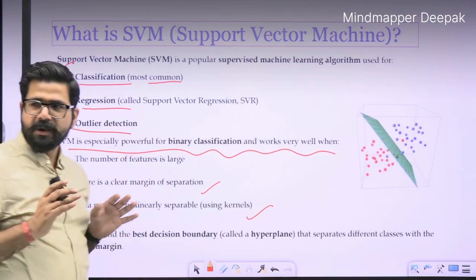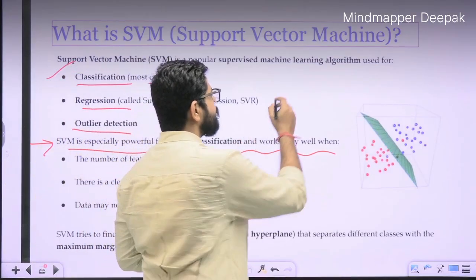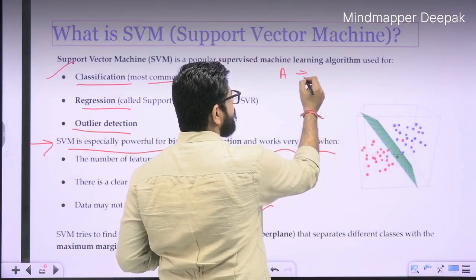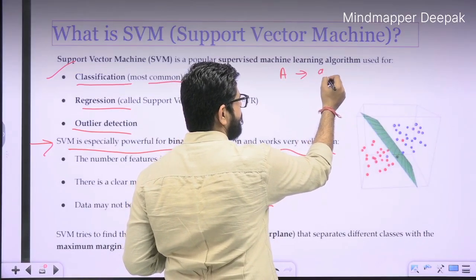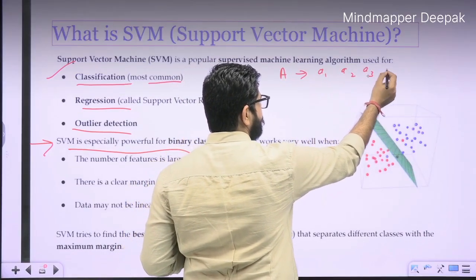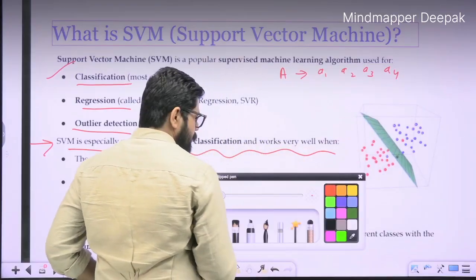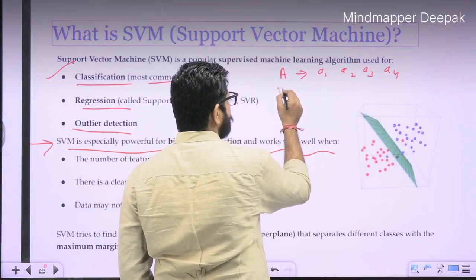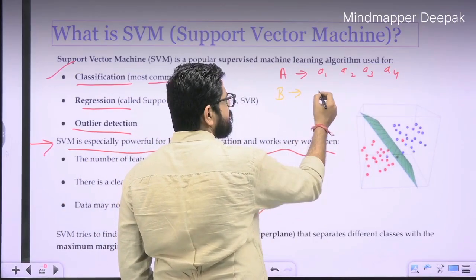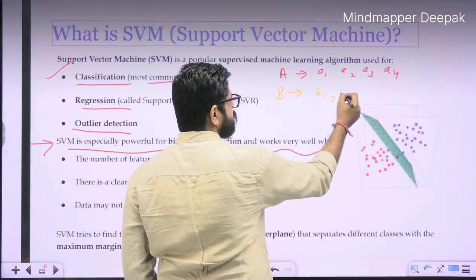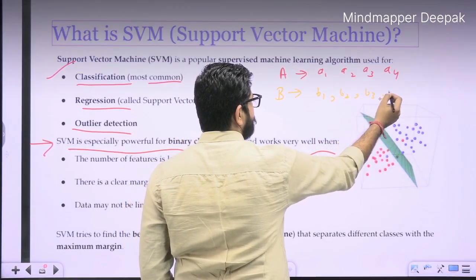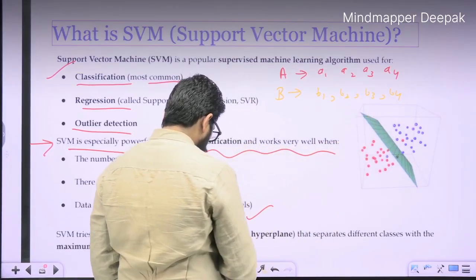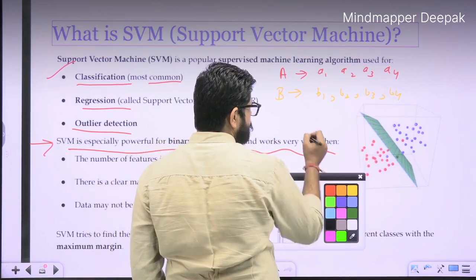that separates the different classes with the maximum margin. For example, if you have a class A having points A1, A2, A3 and A4, and a class B with points B1, B2, B3 and B4, what is the work of the support vector?